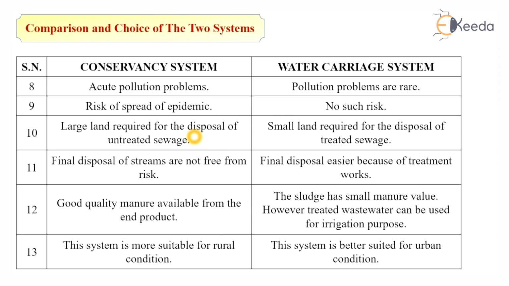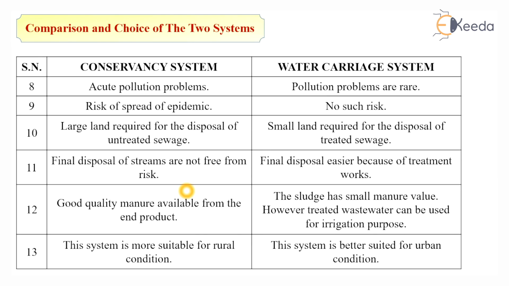Just notice this word, untreated sewage. And in water carriage system, small land is required for the disposal of treated sewage. In conservancy system, final disposal to streams is not free from risk. And in water carriage system, final disposal is easier because of treatment works.